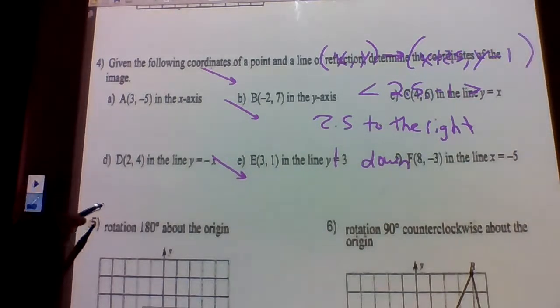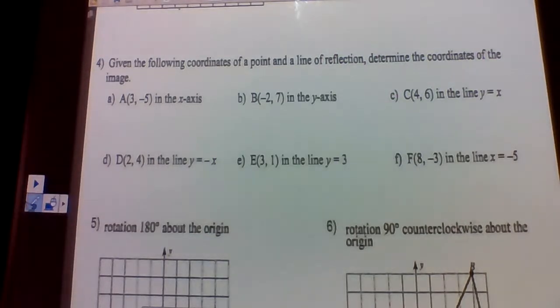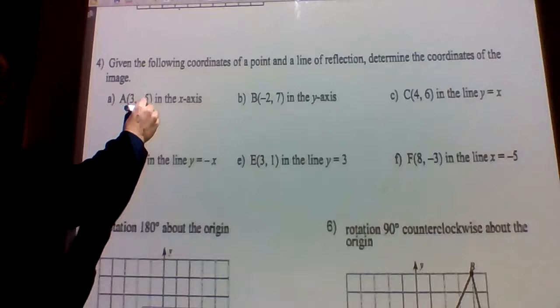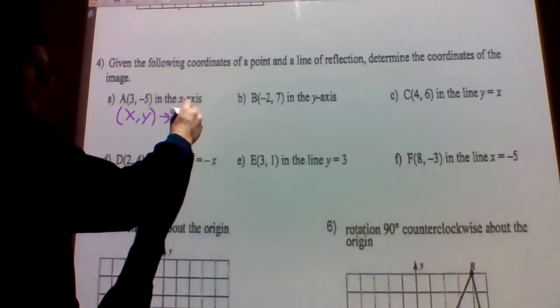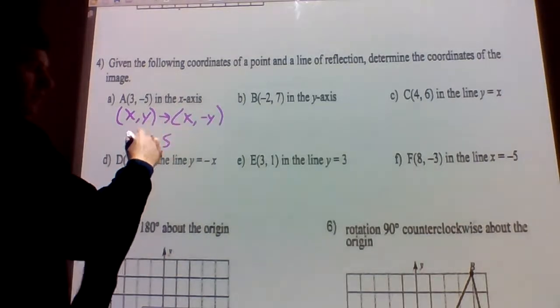Okay, given the following coordinates of a point and a line of reflection, determine the coordinates of the image. So if we know the rules, these are pretty easy. So a rule for reflecting over the x-axis is xy goes to x, negative y. So we're simply going to make this 3, 5.